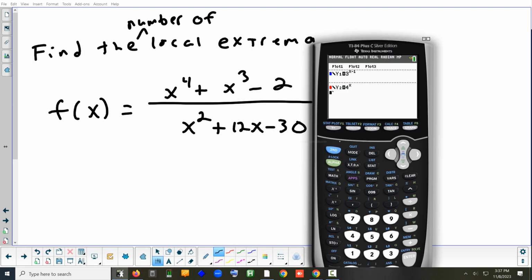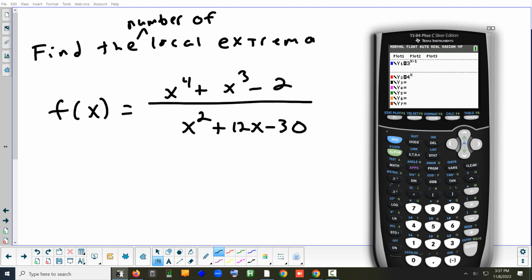And remember what local extrema are. They're local minimums or maximums. So a point that's higher than everything around it or lower.